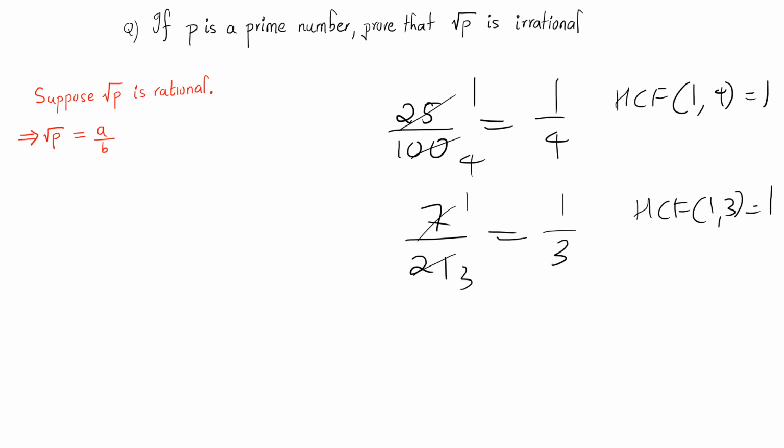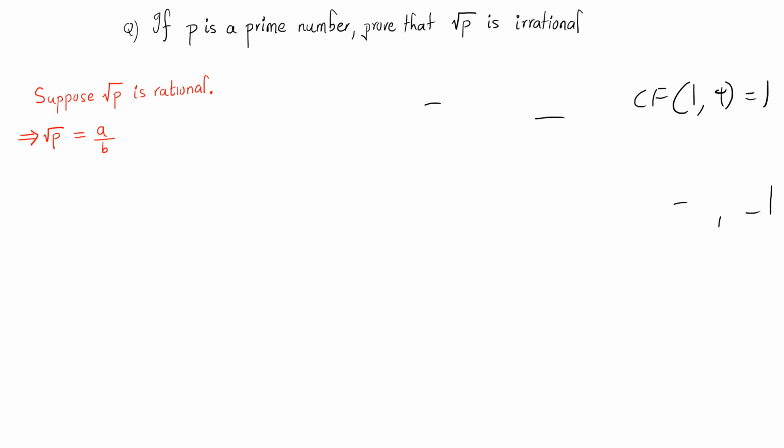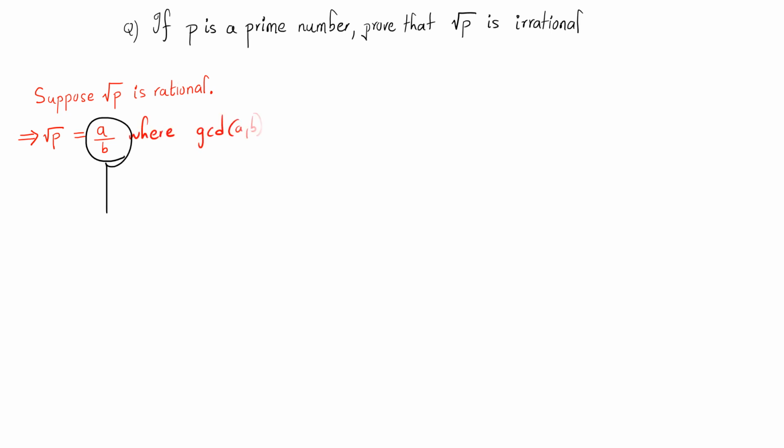We can always express it as A by B, where the highest common factor of the numerator and the denominator is 1. So if root P is a rational number, then we can write it in the form A by B, where the GCD, oh, by the way, what is GCD? GCD is the same thing as HCF. Greatest common divisor or highest common factor, same thing. So we can write root P in its lowest form.